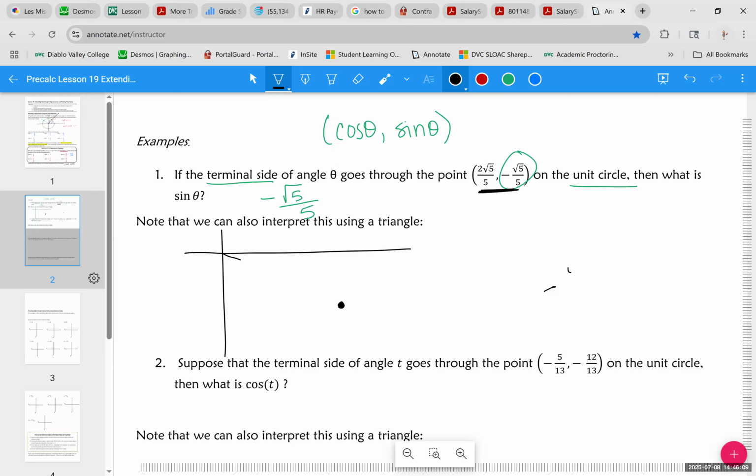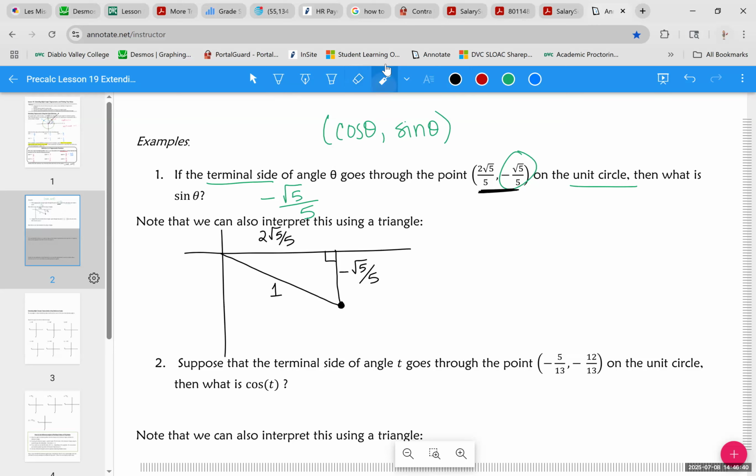And then I'm going to connect, well, again with the straight lines. I'm going to attempt to make the triangle that goes with this. So this would be my r, right? And then I drop that down. So my x here is 2 root 5 over 5. Remember, that's the x coordinate. And y here, that's the y coordinate. And my radius, it's the unit circle. So my radius is always 1.